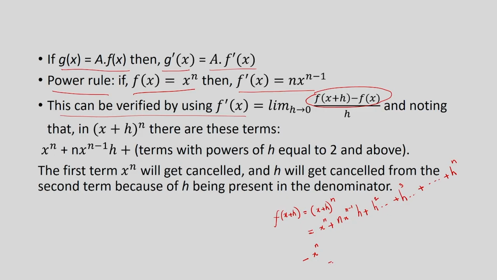That will be the numerator, f of x plus h minus f of x. So, this becomes n x to the power n minus 1 multiplied by h, plus h squared multiplied by something, plus h cubed multiplied by something, and so on. And then I have to divide this by h.